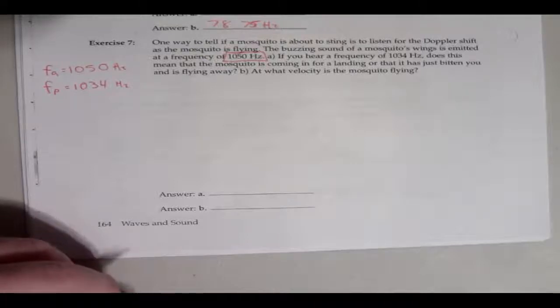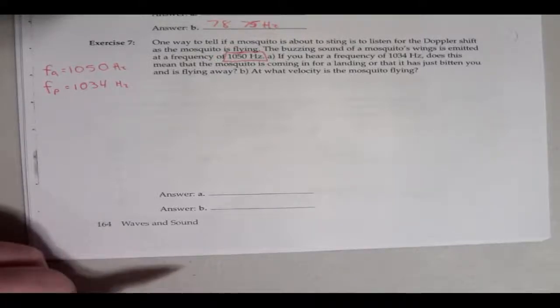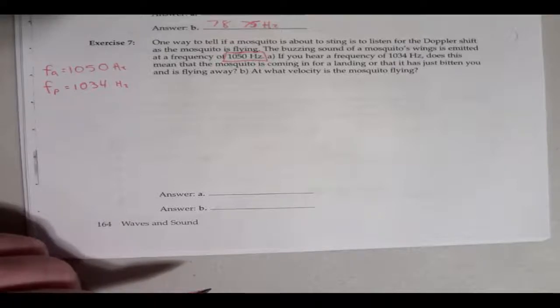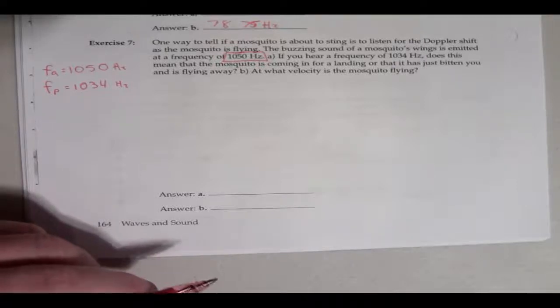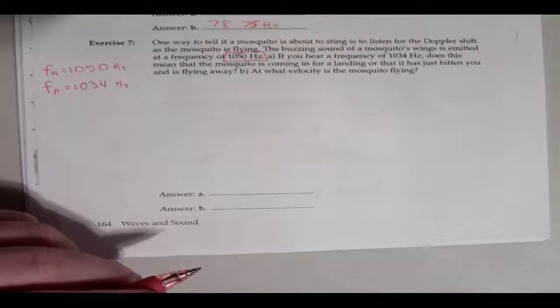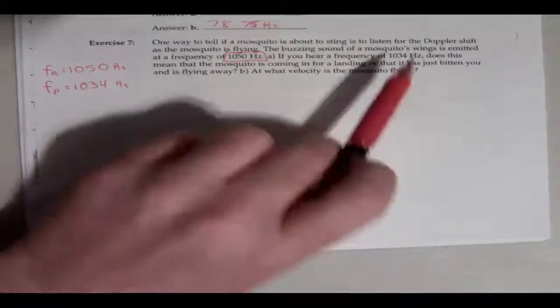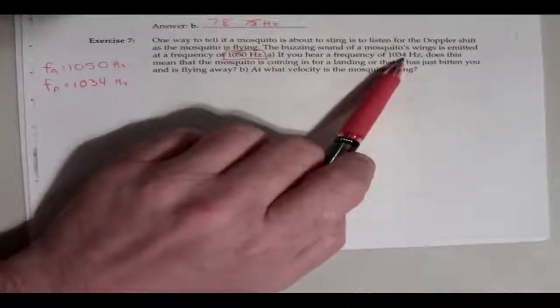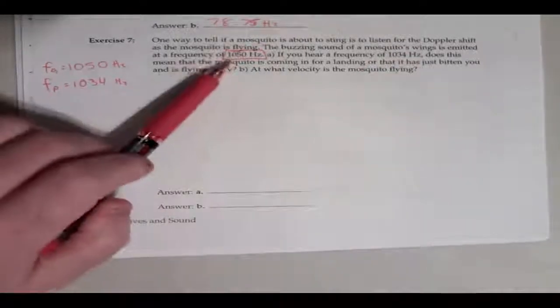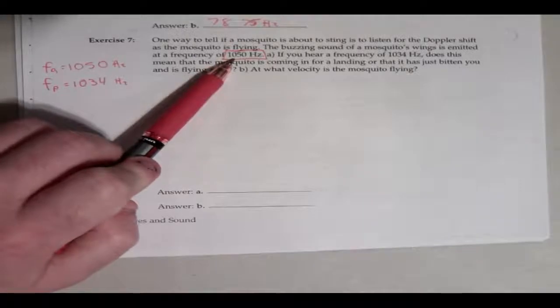If something's coming towards you bobbing up and down in the pond, the waves would be closer together. If it's going away, the waves will appear further apart, which means this frequency is less. The frequency that you hear is less than the actual frequency, which means it's flying away.